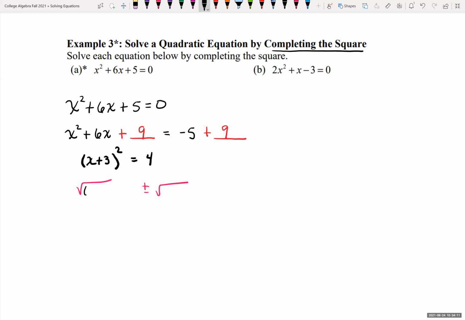We get x plus 3 quantity squared, the square root of that is equal to plus or minus the square root of 4. So you get x plus 3 is equal to plus or minus 2. So either x plus 3 equals 2 or x plus 3 equals negative 2. Subtract 3 on both sides, and we get x equals negative 1, or x is equal to negative 5.